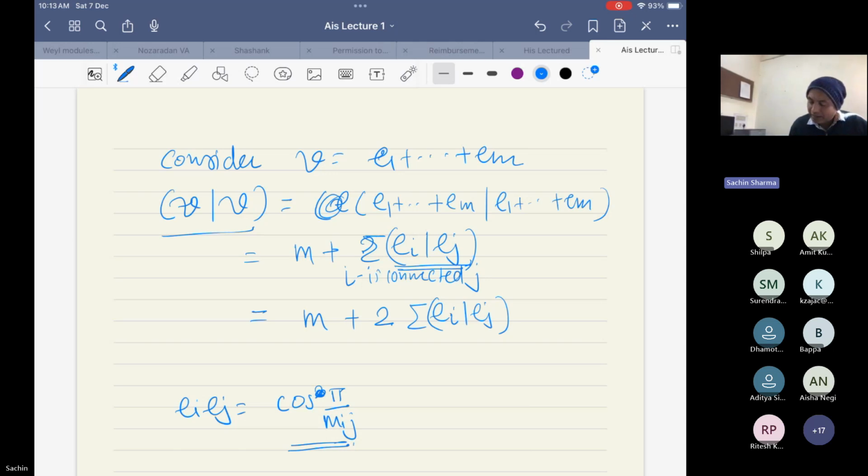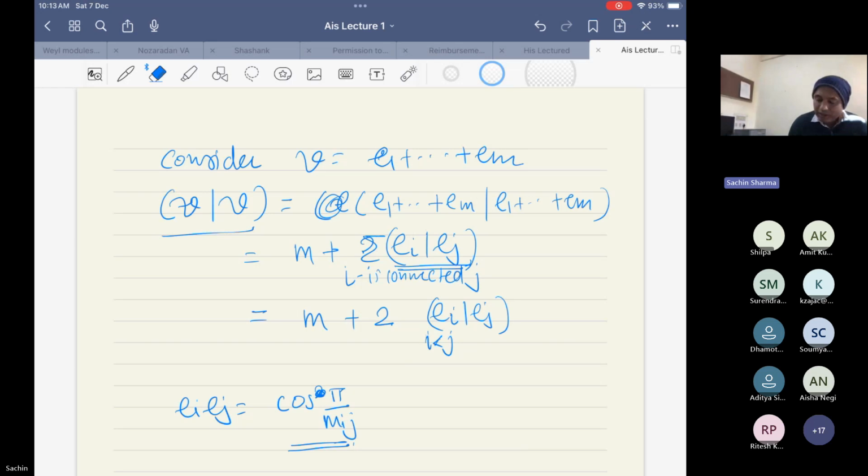You should not take repetitions here, so repetition is not allowed. You can take the indexing to be I less than or equal to J, then there will be no repetition. So that will avoid these things.